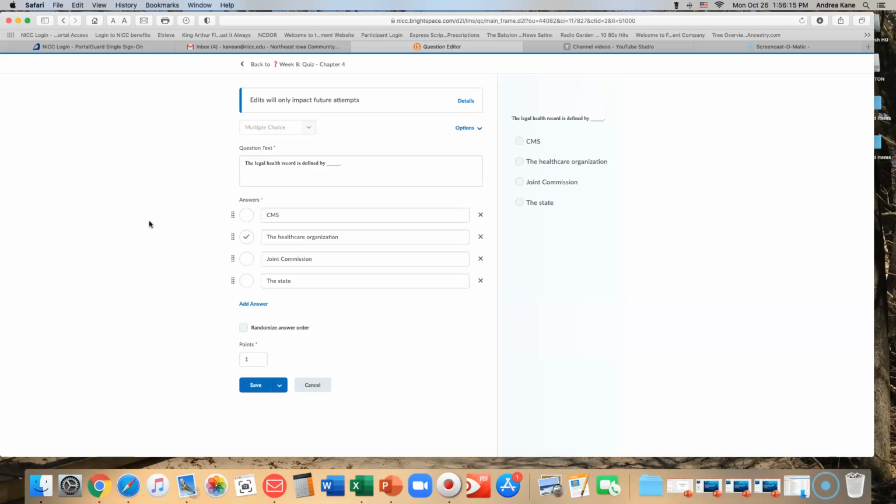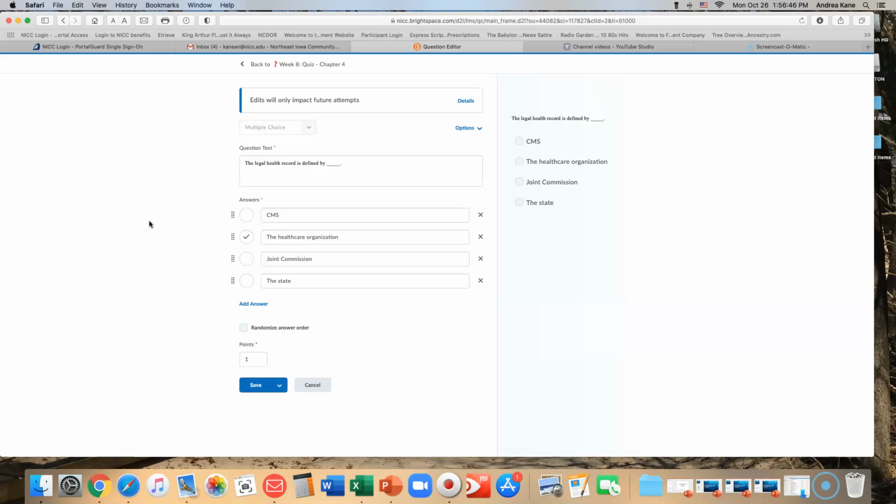If you go into the next column on page 100, it says the current definition of the legal health record is complicated. Each healthcare organization must define what its legal health record contains. Now, I will grant you that the word defined is a little bit different than contains, but if you read the sentence, each healthcare organization must define what its legal health record contains.